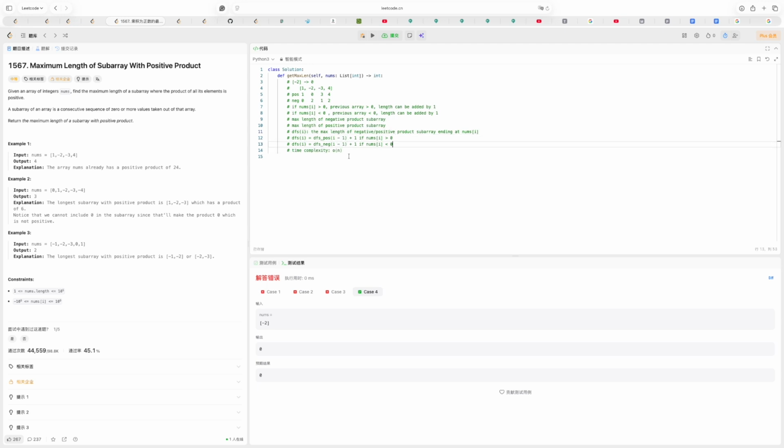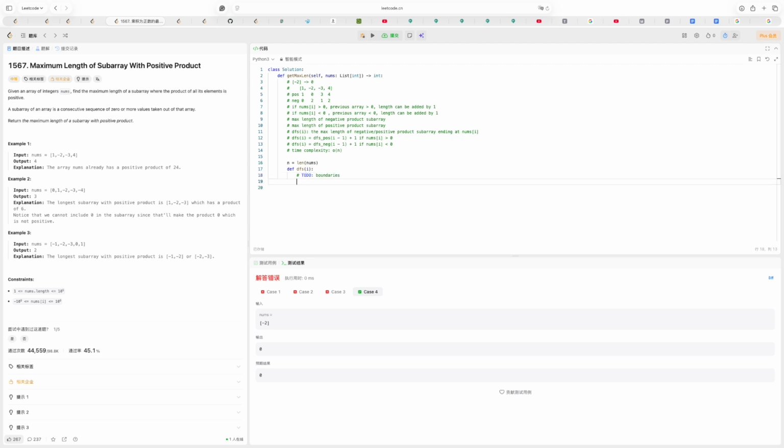Okay, I will try. So first of all, n will be the length of nums, and we will have the recursion DFSI, and yeah, we will talk about the boundaries later. So let's make a to-do.